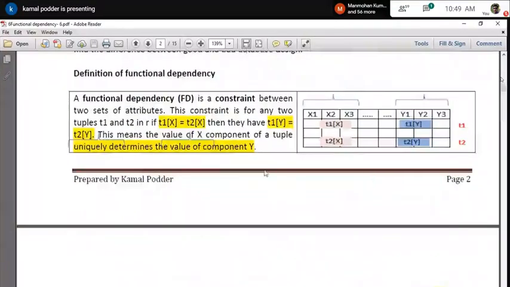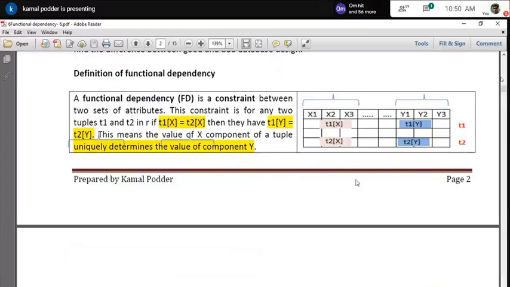Now let's try to define it formally. Take this example, which I have represented pictorially. I have a relation with a lot of tuples, T1 and T2.